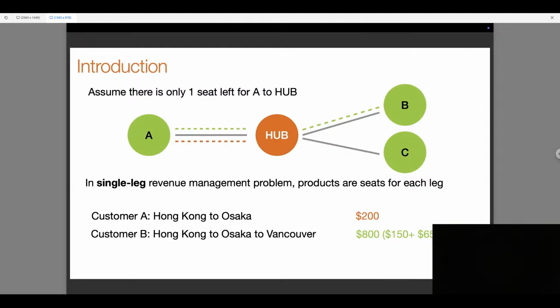So in the single leg revenue management, for the flight from A to hop, from Hong Kong to Osaka, we should choose customer A, as it shows a higher price.